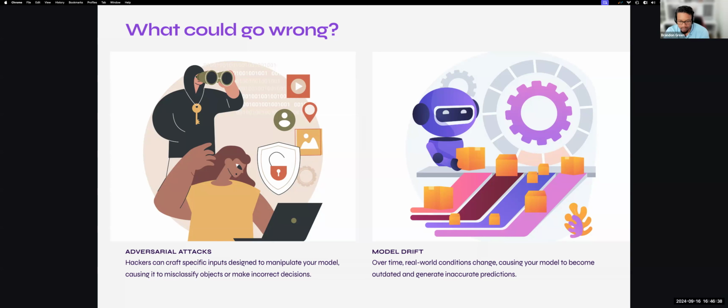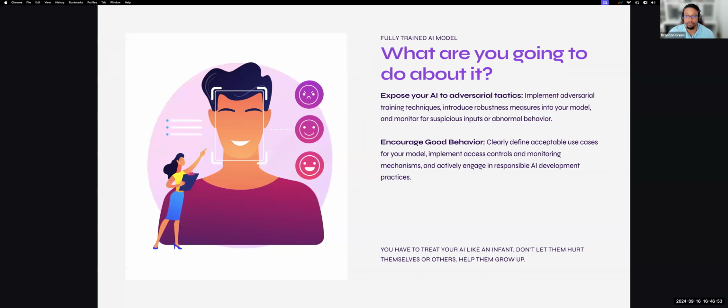You've got least privilege in place, et cetera. And again, model drift, just like we talked about previously with data drift, making sure that it has the most up-to-date information so we can make sure that predictions and other outputs are accurate.